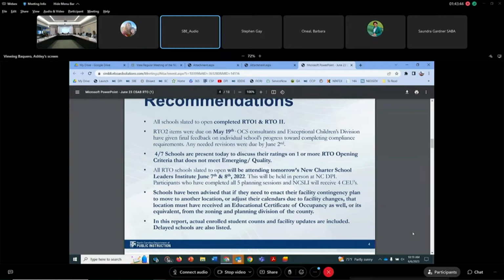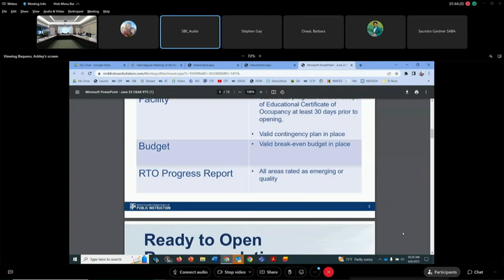And these same schools, these 4, along with 3 other new charter school leaders, will be attending our institute tomorrow and Thursday, all day, going over refreshers for EBOS and finance and exceptional needs and home-based teacher evaluations, you name it, we're covering it.